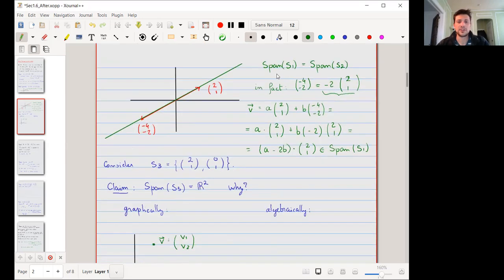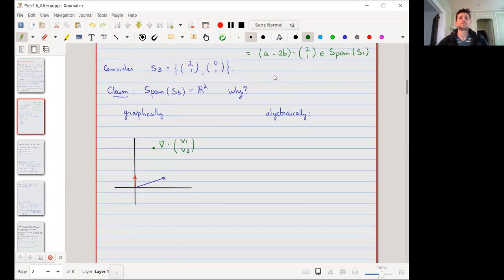Let's have a look at another example. Here now, the set of vectors is the following one, the vectors (2, 1) and (1, 0), which are plotted here. My claim is that the span of this set of vectors, these two vectors here, is the whole of R2. How can I convince you of that?